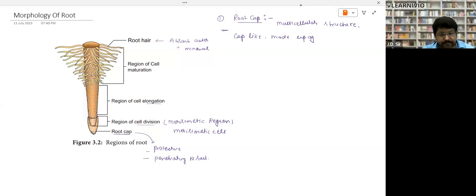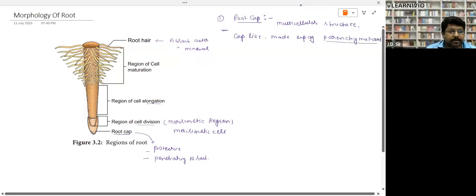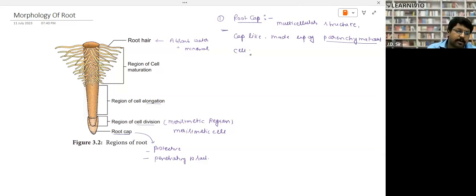The type of cell we will study in the anatomy part, and you must have already gone through it in, I think, the 9th standard. What is the parenchymatous cell?